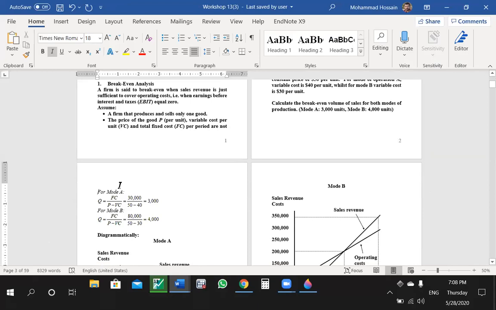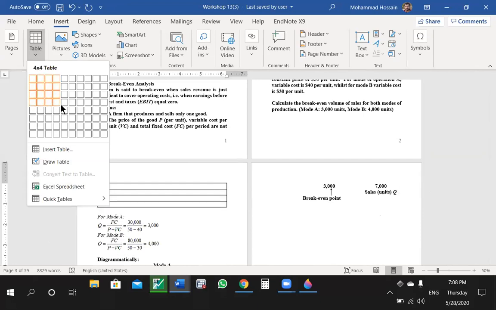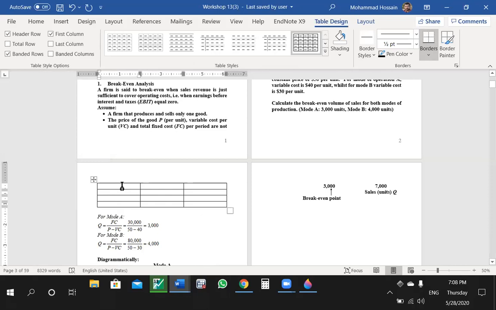What they said here is this. Let's insert tables, two of them. This is for mode A and this is for mode B. This is your fixed cost.